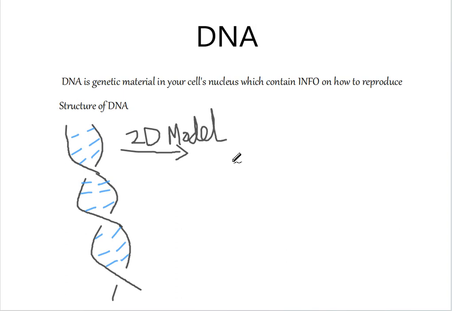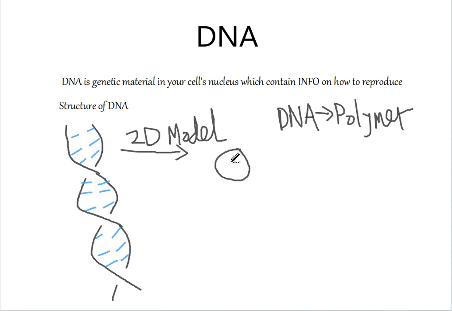The 2D model is actually, DNA is a polymer, which means that it's made of loads of monomers, which are nucleotides, which we are going to look at today.